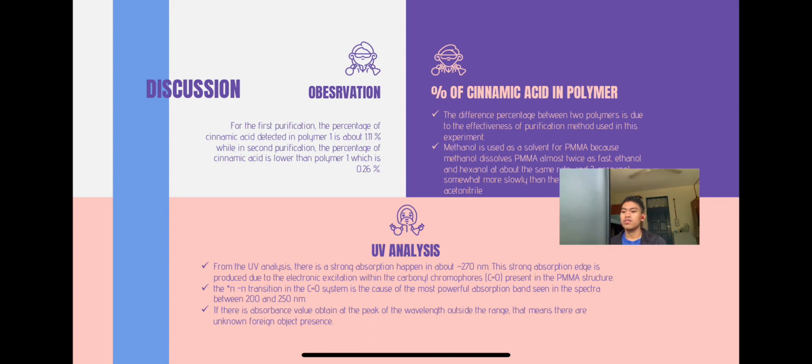So we need to get the UV spectrum of the solution in the range of 300 to 200 nanometer. If an absorbance value is obtained at a peak wavelength outside the range, that means a foreign compound is present. In other words, if a wavelength is detected outside the range, there must be another contaminating compound detected by the UV spectroscopy, which is most likely because of an error while conducting the experiment.